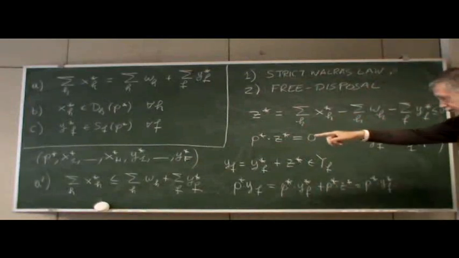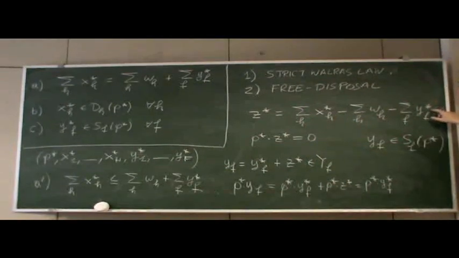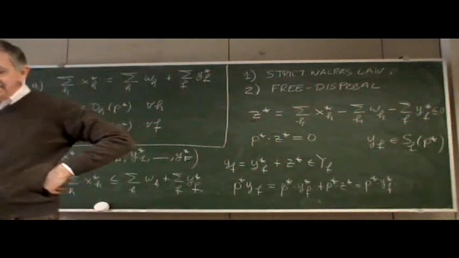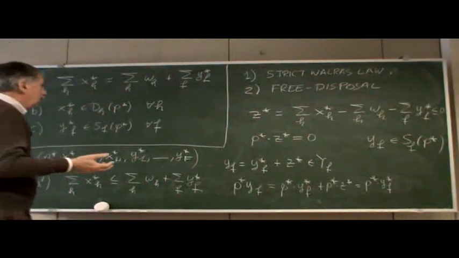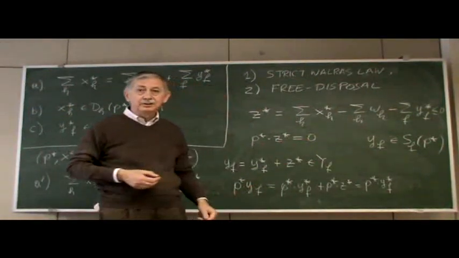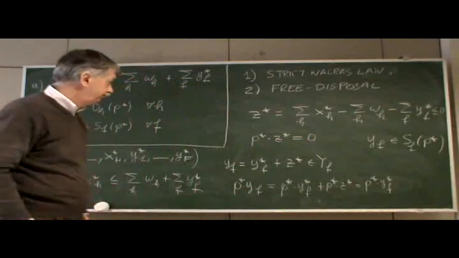Clearly, by condition A prime, this vector is a non-positive vector. Moreover, since it is an excess demand vector, by strict Warner's law, its value is equal to 0. Is it clear?